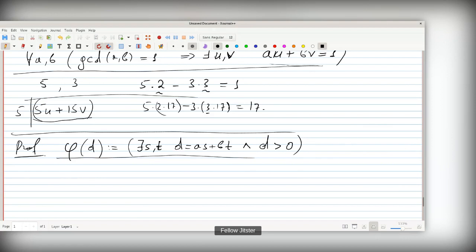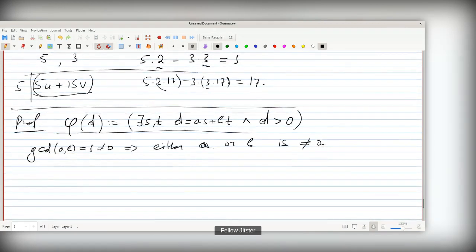This property can be satisfied, so it is not an empty property. Why is it so? Okay, let us prove. As the GCD of a and b is 1, it is not 0. That means that at least one of these numbers is not 0. Without loss of generality, let a be non-zero.